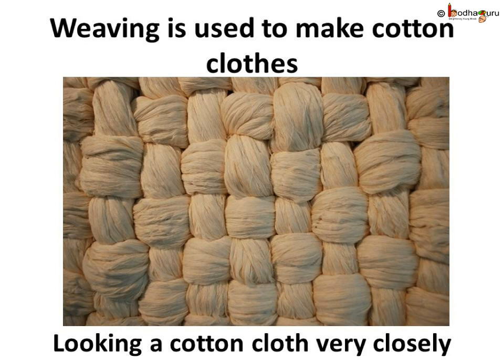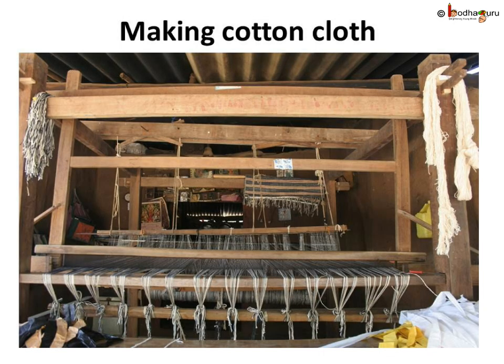Hence, if you look at a cotton cloth closely, you will find yarns are interlaced at a right angle and overlapped each other to form an interesting pattern. You should definitely have a look at it, children. In Indian villages, handlooms are used for making cotton cloth. Nowadays, most of the clothes are made in looms which are driven by electricity.